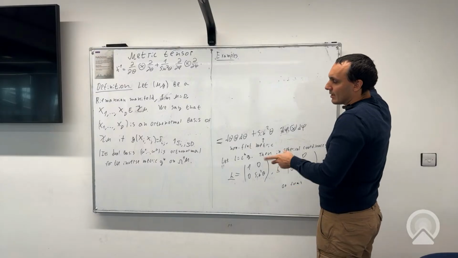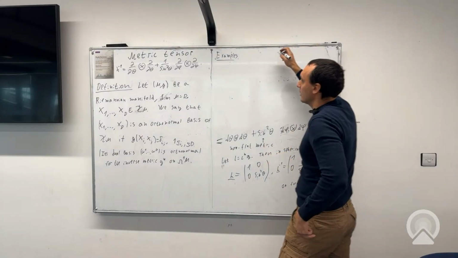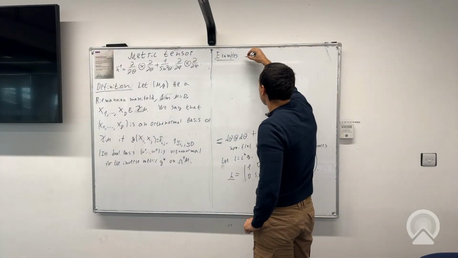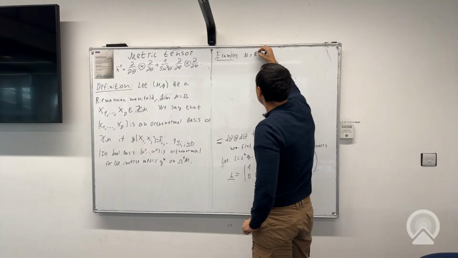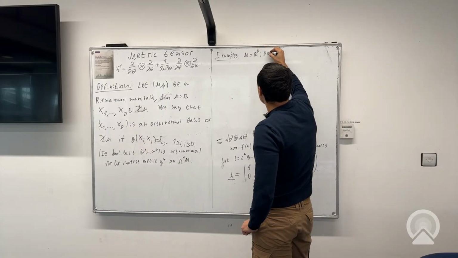So the first is trivial, which is the standard metric. R^d, well, d is an integer.